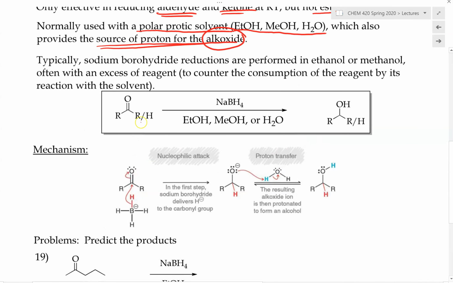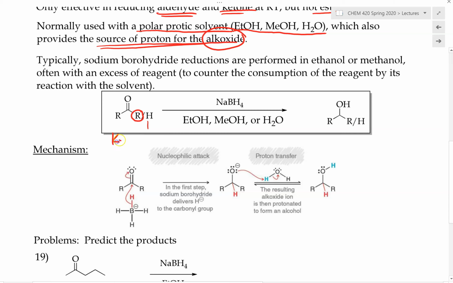If this is an R, that makes a ketone, versus if this is an H, that will be the aldehyde. If we take our ketone or aldehyde and treat it with sodium borohydride in the presence of methanol or water, we will be able to convert it into either a secondary or a primary alcohol.